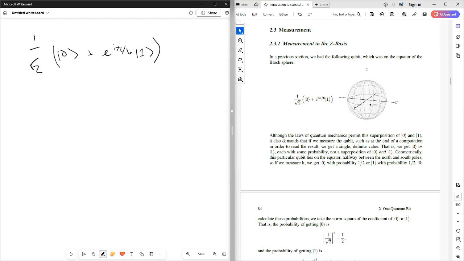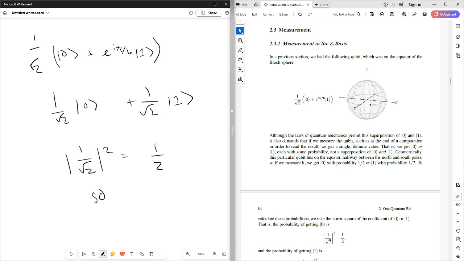So to find the probabilities of each position in our superposition, we're simply going to take the norm square of our amplitudes. The norm square of that is 1/2, so we have an equal chance: a 50% probability of being in state 0 and a 50% probability of being in state 1.